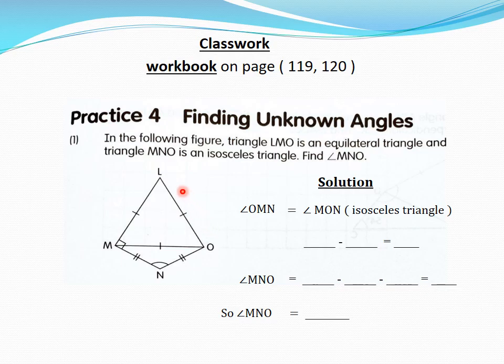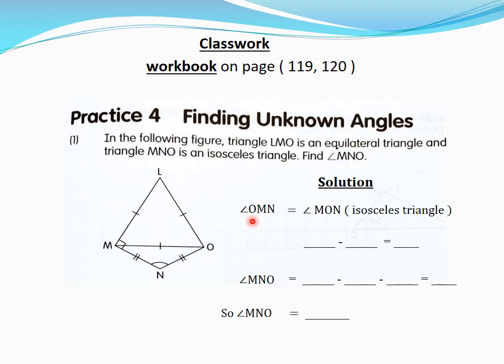One triangle LMO is an equilateral triangle and one more triangle MNO is an isosceles triangle. So MNO, it is the angle that we need to find, the angle N. How do we do? So right now, teacher will give some clue for you to think and to find. We can move in our solution together.